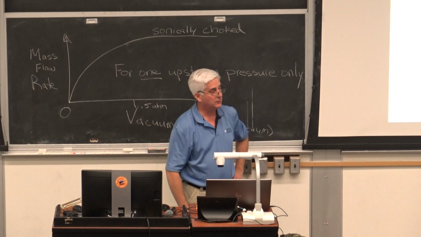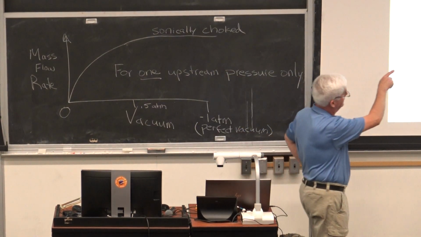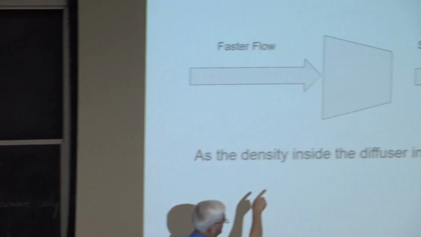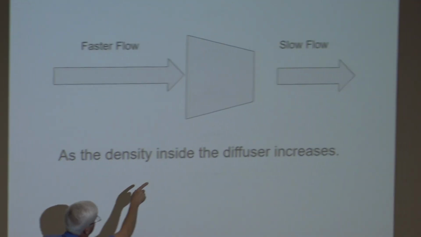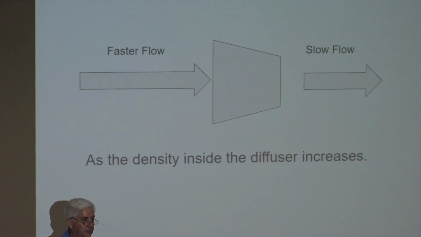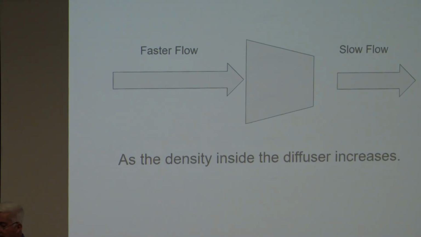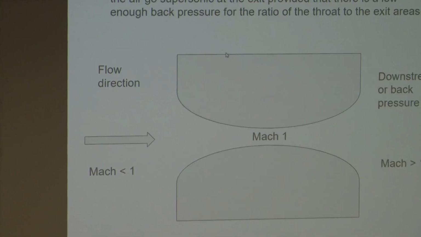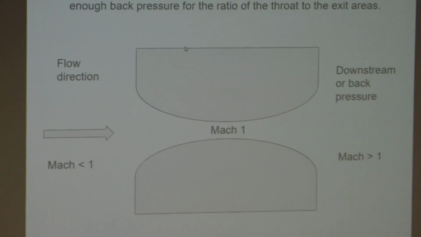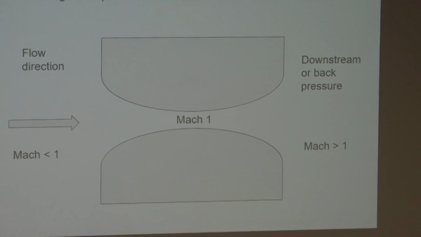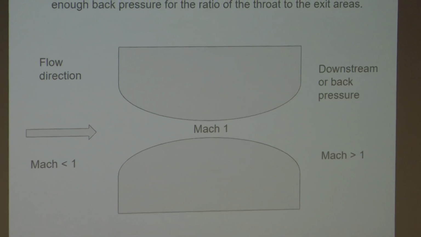Now that we're going faster, we could have a fast flow coming into what is now a diffuser, and we've got a slower flow going out, but at a higher density. That's how we make supersonic nozzles, folks, which is hugely important in the steam turbine industry.